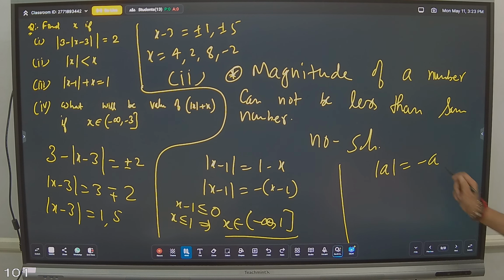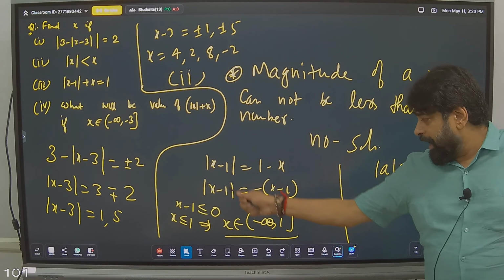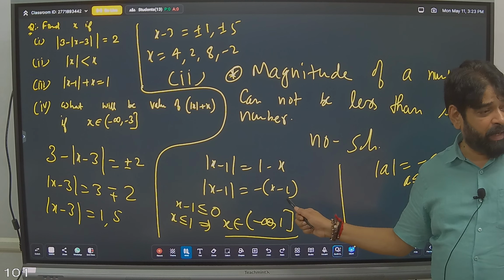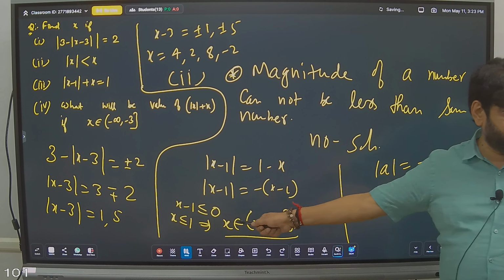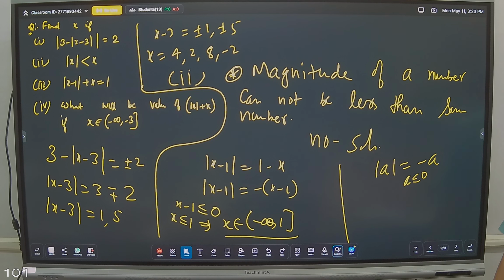I told you, when you write minus in front after removing the mod, it means a is negative or 0. That means a is less than or equal to 0. That's all. So a must be less than or equal to 0, meaning x minus 1 less than or equal to 0. Clear?